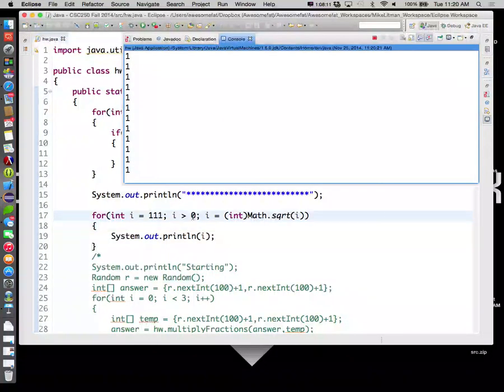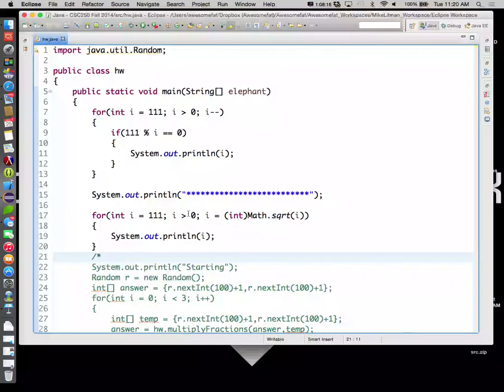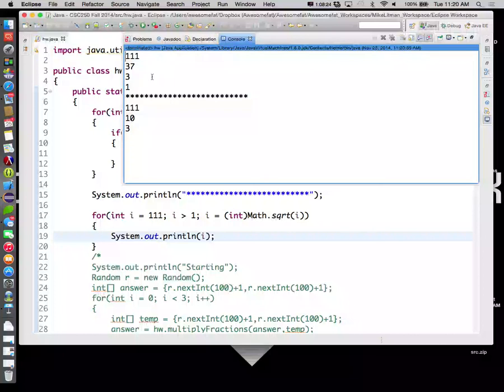Oh my gosh, stop. Hey, this time at least it stopped. Just go greater than 1. That'll stop it. So keep taking the square roots. You got 111, 10, 3.